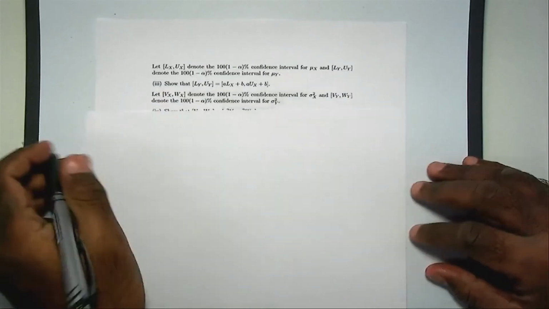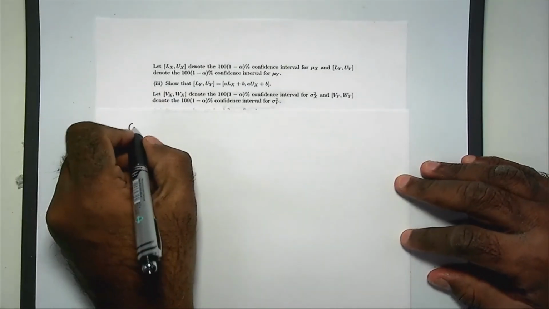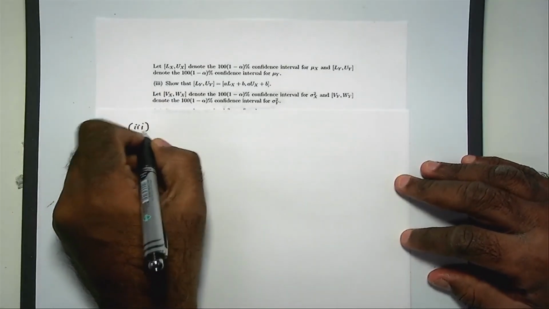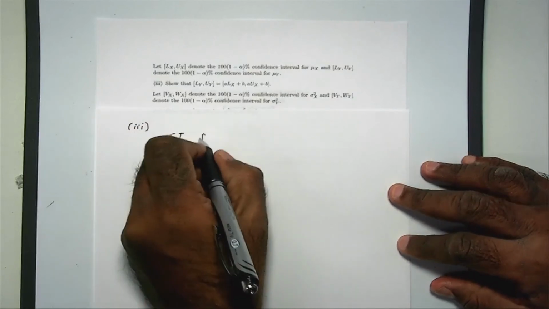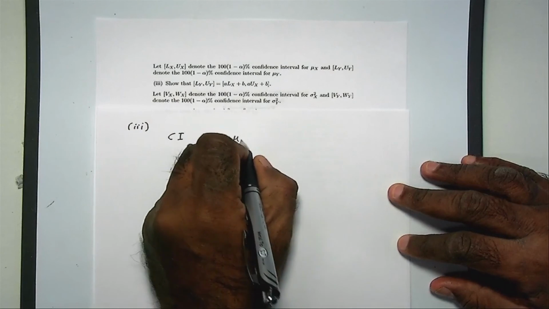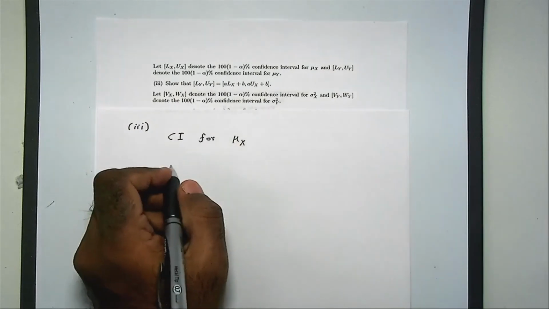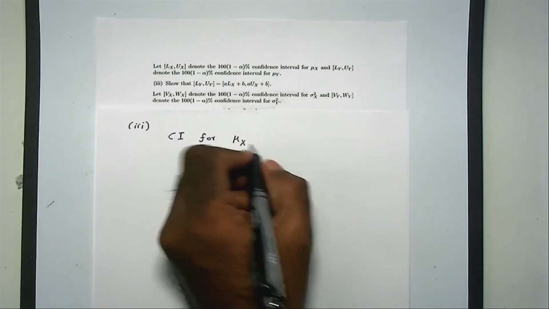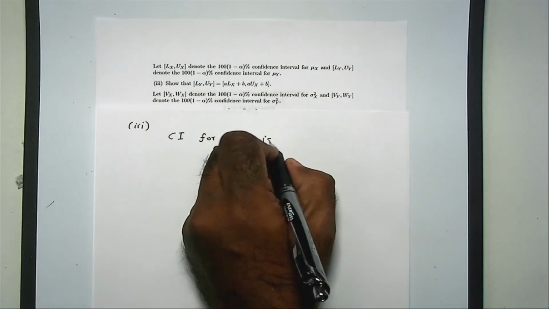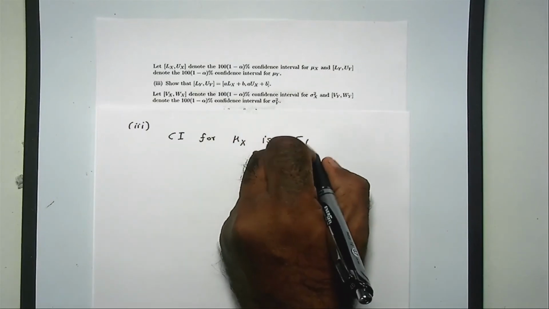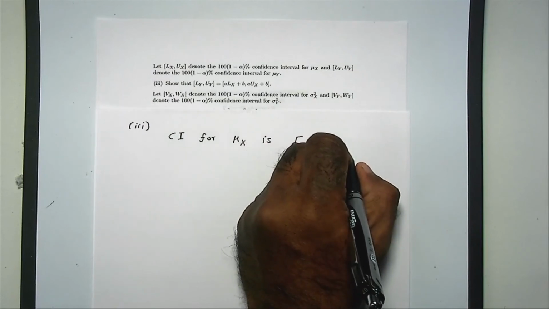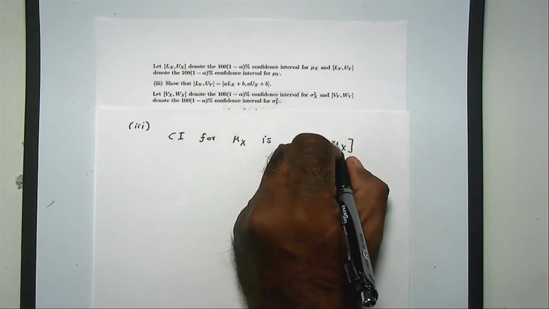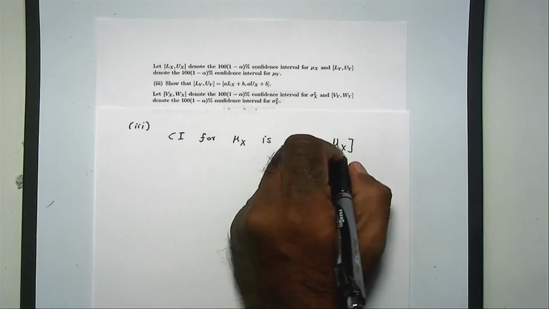We are given a confidence interval for mu x, which is this one, L_x comma U_x. L stands for lower limit, U stands for upper limit.